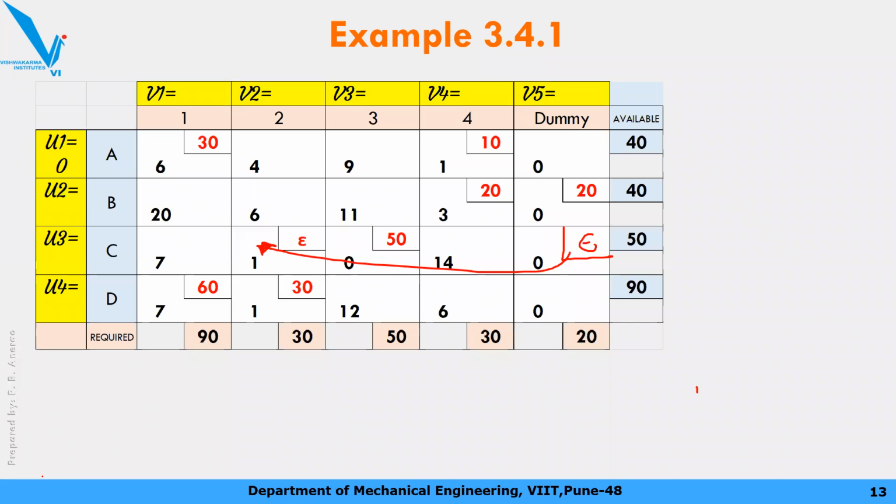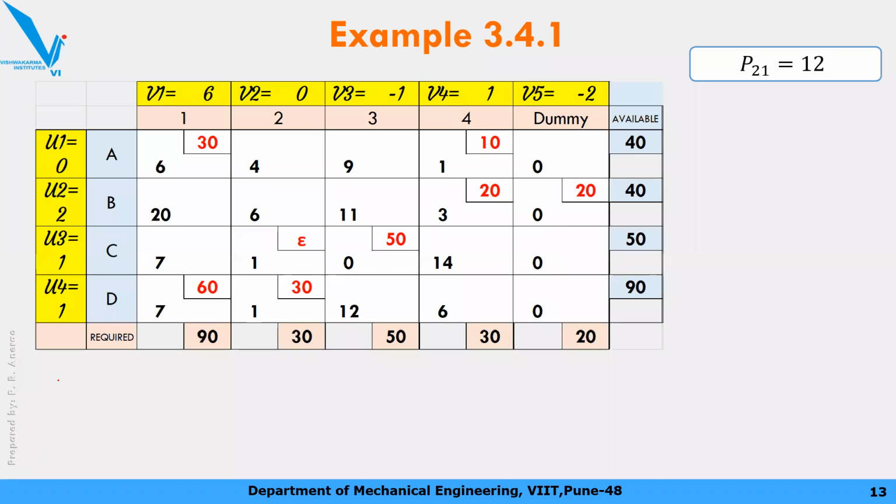But based on the method, now all the unoccupied cells will have a positive penalty. If you calculate again, you need to recompute u1, v1, v2, v3, v4, v5, because the occupied cells have changed.